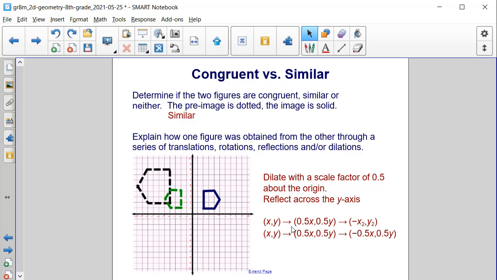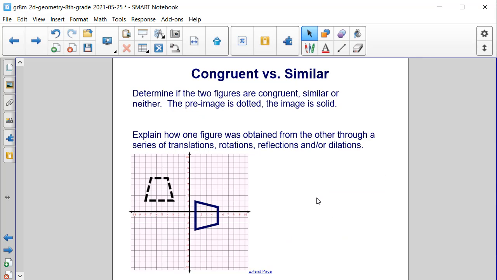In symbolic notation, that would be (x, y) goes to (1/2 x, 1/2 y), which then goes to (-1/2 x, 1/2 y).